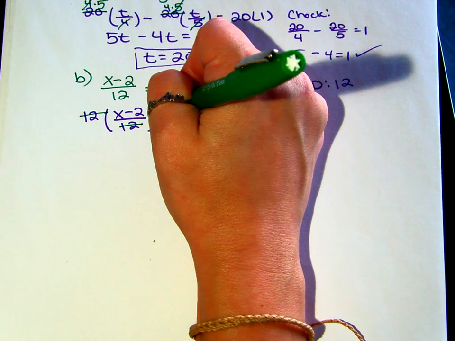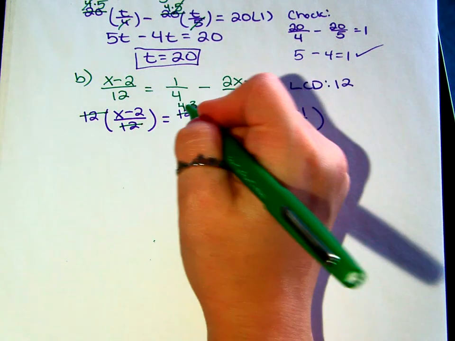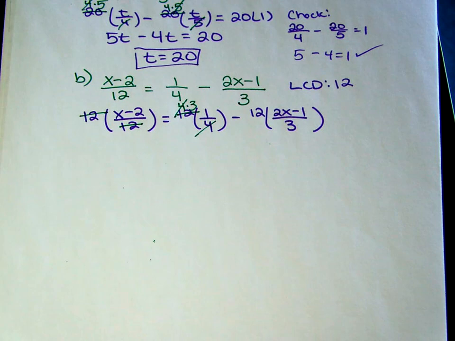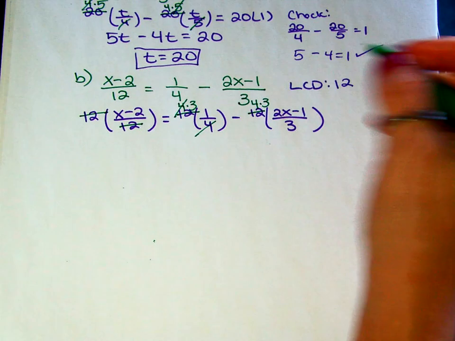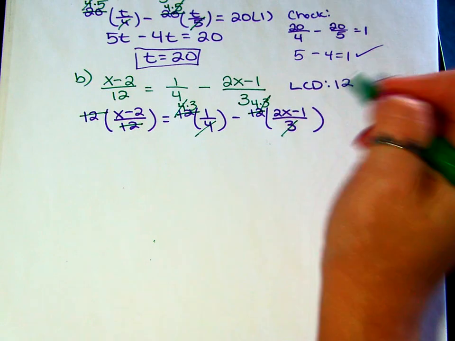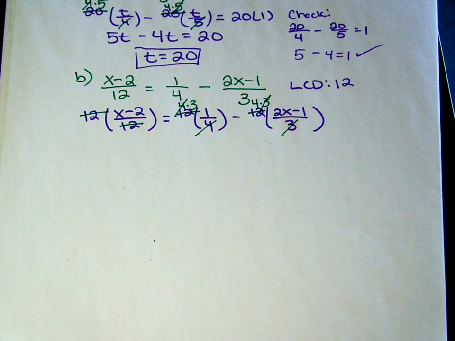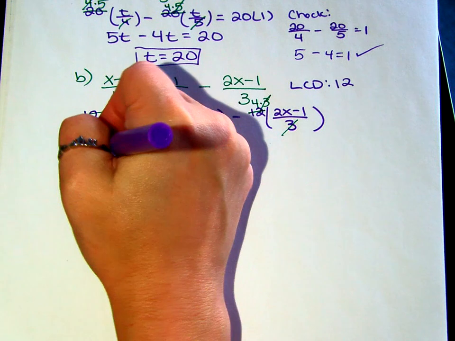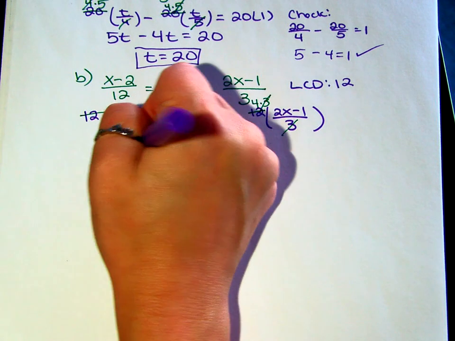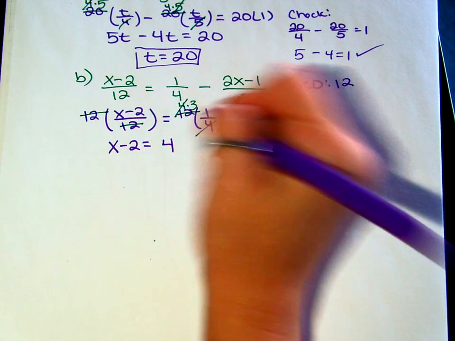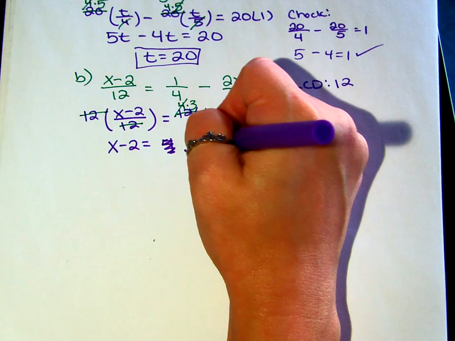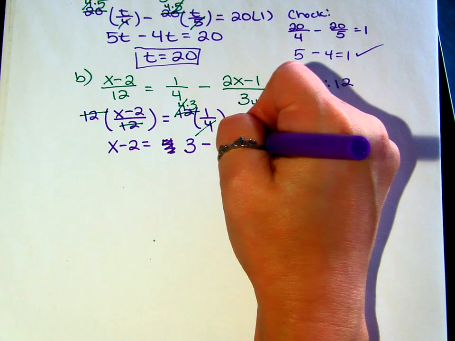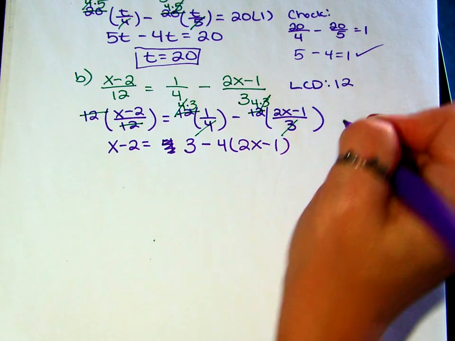Well, 12 is the same thing as 4 times 3, so notice there would be a 4 on top and a 4 on bottom. 12 is 4 times 3, but this time there's a 3 on top and a 3 on bottom. So that leaves me with an x minus 2 on the left equals, nope, not 4. 4 canceled first. So it'd be 3 minus 4 times 2x minus 1.